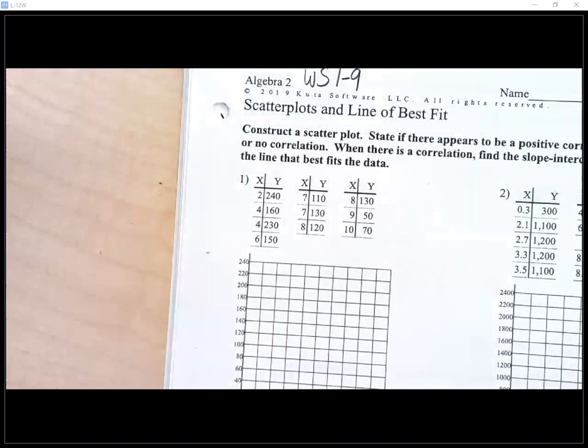And then sometimes those dots fall into line, and they have a correlation with each other, the two things that you're comparing. Let's say I was a pediatrician, a child's doctor.